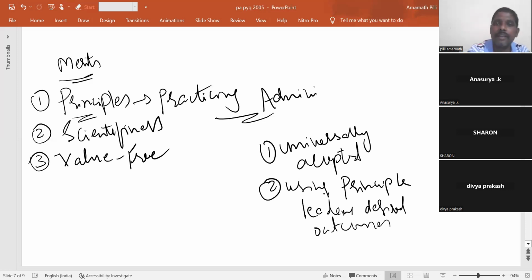So here, when we talk about means and ends, what is given importance in science, whether means or ends? Means. Sharon, you are saying something. Means are given importance.